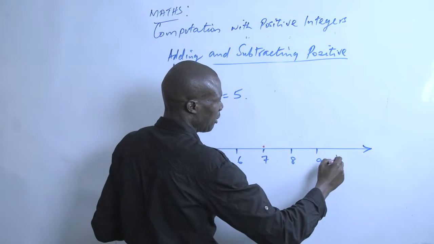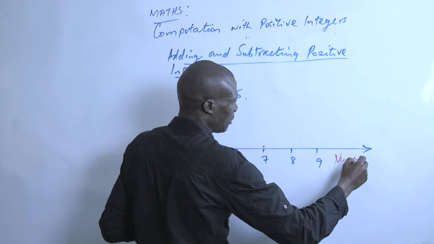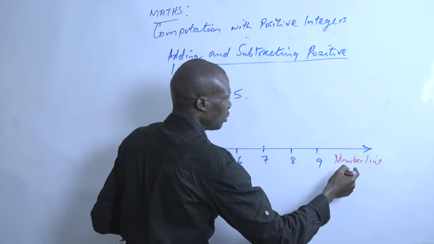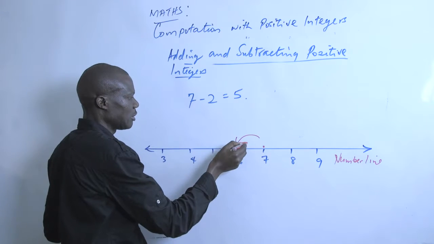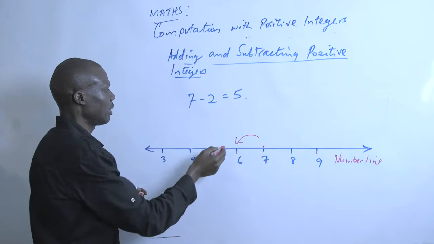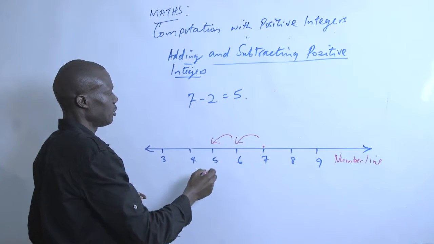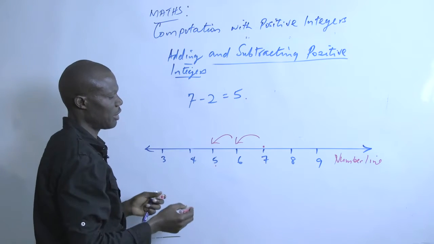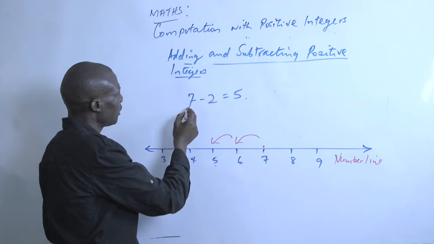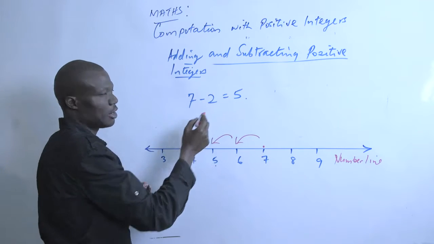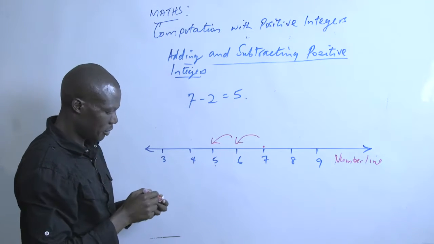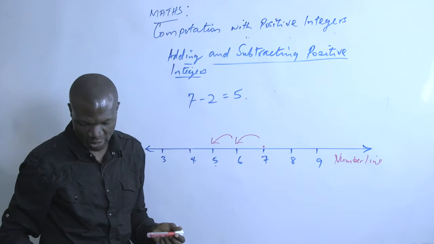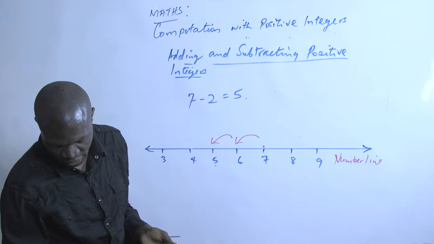What we have here, I'm calling the number line. So the first step is minus 1, and then the second time minus 2. So we have moved 2 steps to the left, and you have stopped at 5. That's why we say 7 minus 2 is equal to 5. So while subtracting, we can illustrate that using the number line.